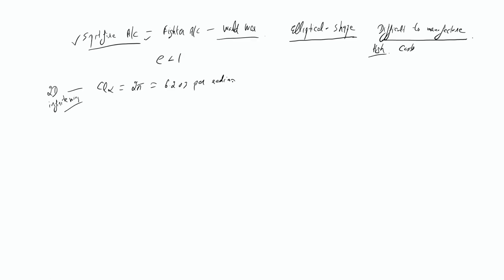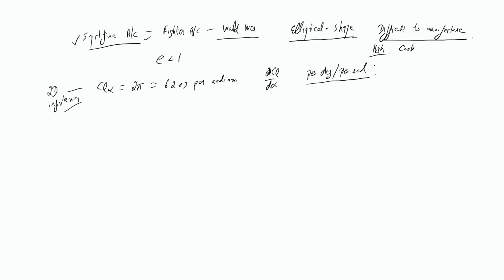Never forget the units. It is not unitless. CL is unitless, but not CL alpha. CL alpha is dCL by d alpha, divided by some angle, so it will be either per degree or per radian.